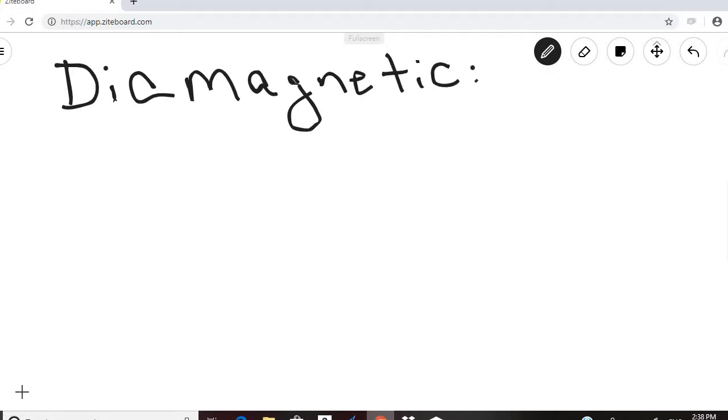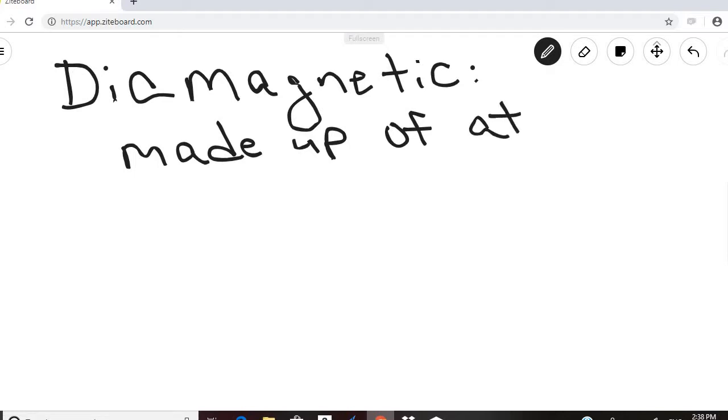So diamagnetic refers to a substance that is made up of atoms with no net magnetic field.